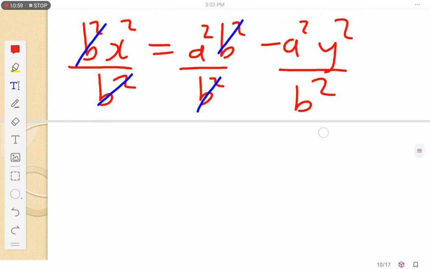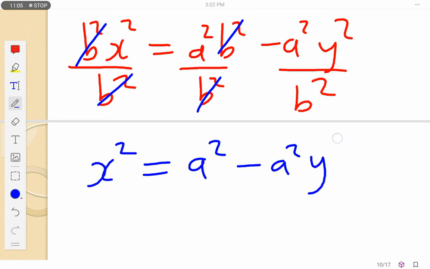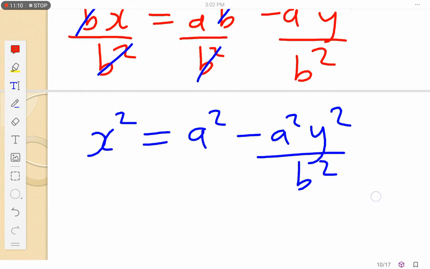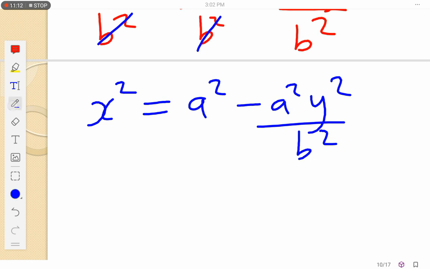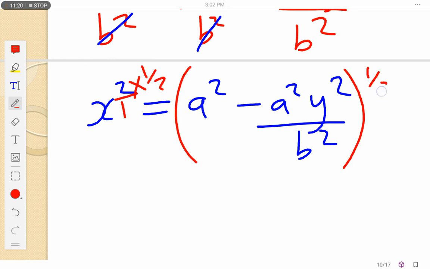So we will have our answer as x squared is equal to a squared minus a squared y squared over b squared, like that. Our x is to the power of 2, which is the same as 2 over 1. To get our x, we multiply by 1 over 2, and this whole thing by 1 over 2.